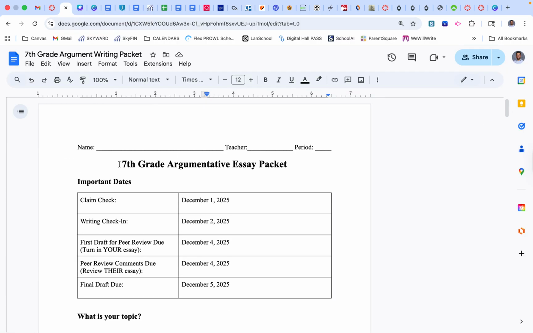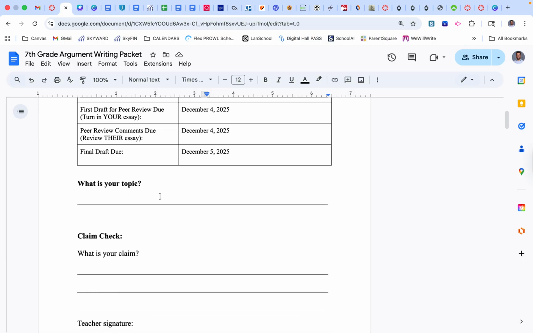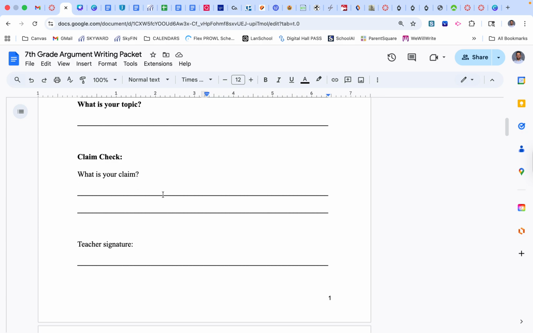in your blue packet, on Monday, you picked your topic and your claim. Most of you picked it. Your topic was the same thing as your ABC book, and then you had your claim, which was from your introduction in your ABC book.